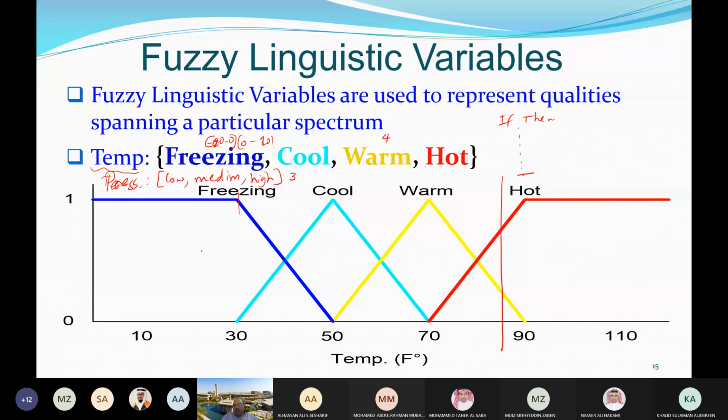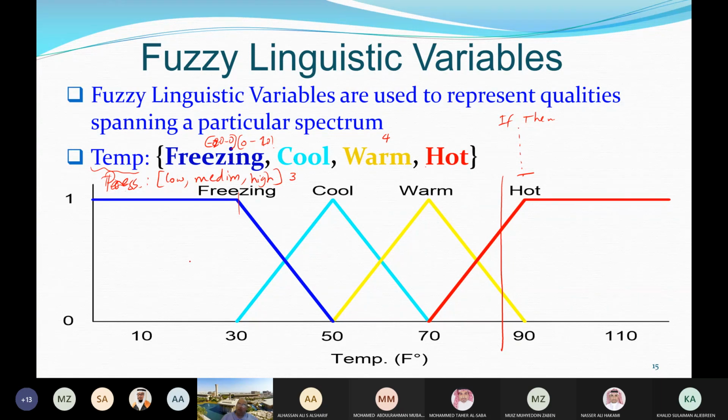So I'm asking you, how many rules can be written here? What do you think? How many rules can we develop?